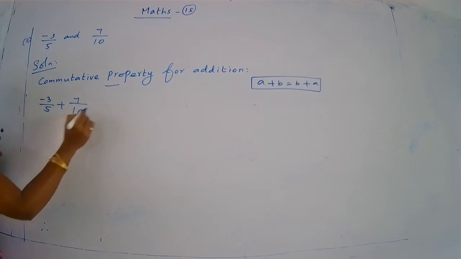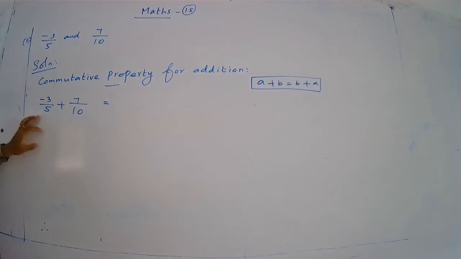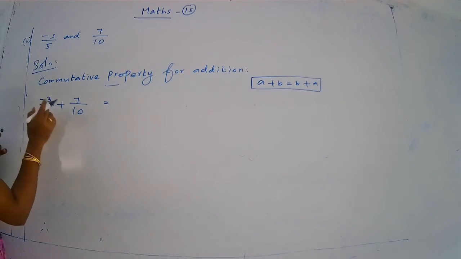Do you understand, children? Now you come to multiplication. Commutative property for multiplication.